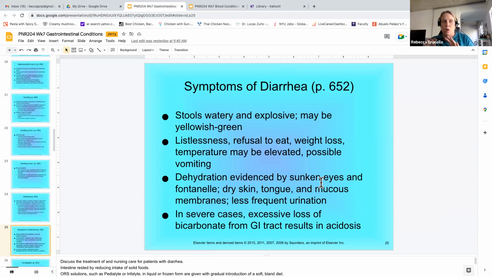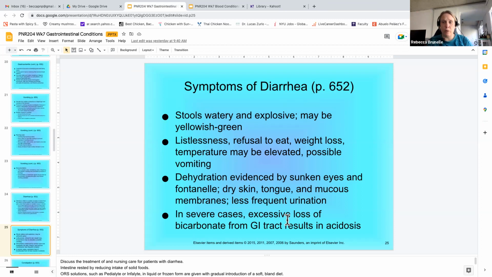So when you have either vomiting or diarrhea, they both cause acid-base imbalances, but it's common in the nursing world, HESI and NCLEX, to get you to differentiate which one causes acidosis and which one causes alkalosis. So diarrhea is acidosis.